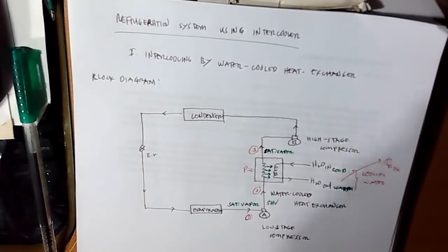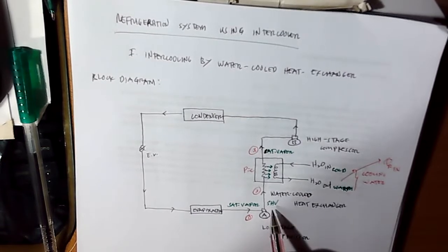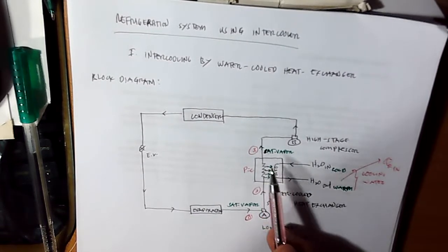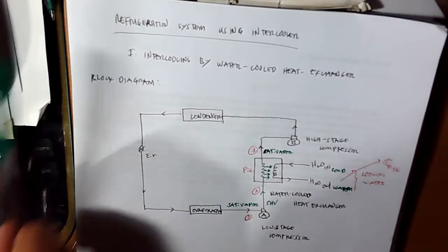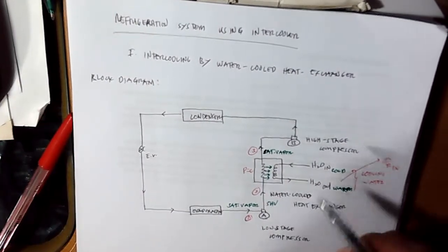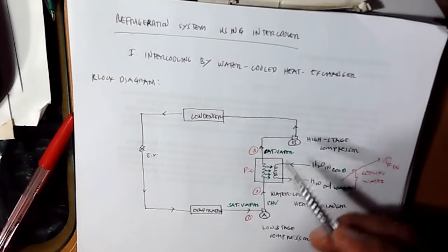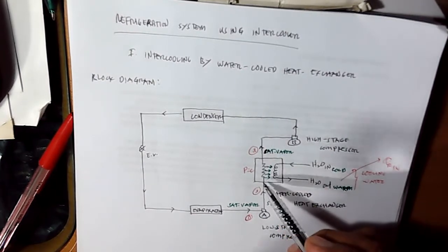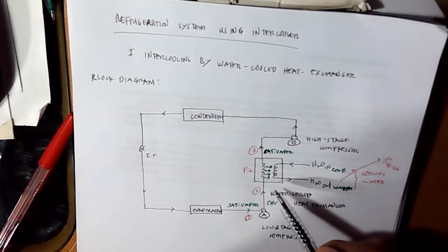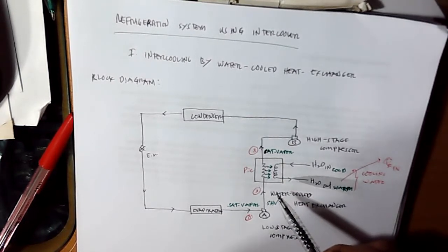So again your superheated vapor is once again converted into saturated vapor, but of course the pressure involved at point 3 is the pressure corresponding to your intercooler or water-cooled heat exchanger.